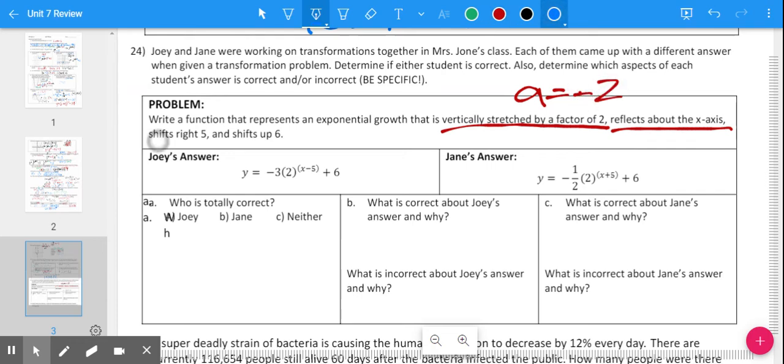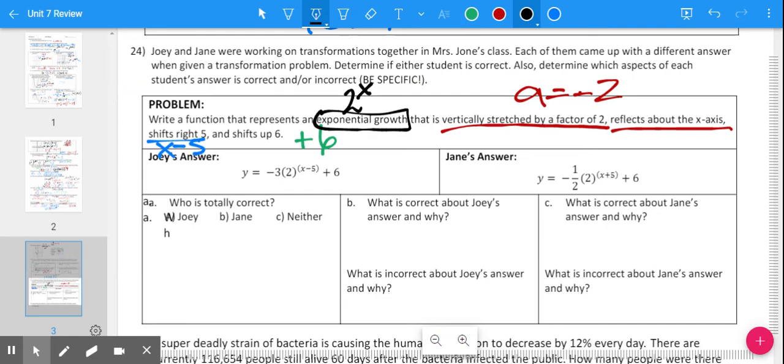It's going to be a shift right 5, so in our parentheses we're going to have an x minus 5, and up 6. That means at the end we're going to have a plus 6. So we know that neither of them is correct for the first one. And also, I forgot, it's an exponential growth, so it's going to be 2 to the x or 3 to the x.